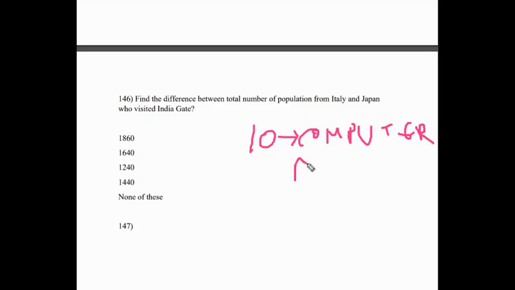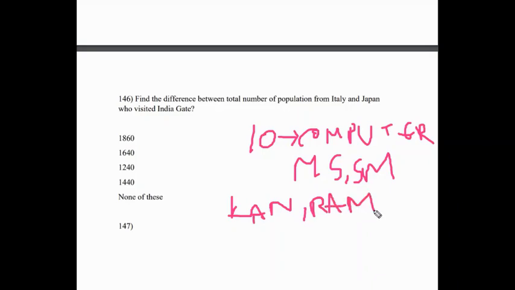Especially on MS and social media and generation, like if you are using a laptop or desktop, you'll be knowing 3rd generation, 5th generation, i5, i3 generations, their powers, and normal abbreviations like what is LAN and what is RAM. The basic abbreviations of all the important computer aspects must be known.